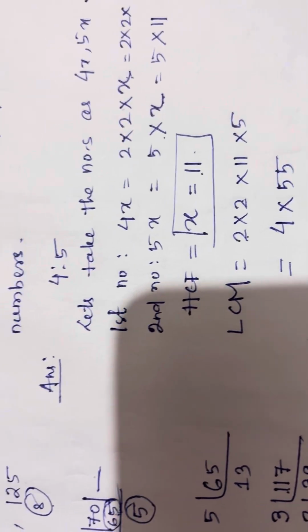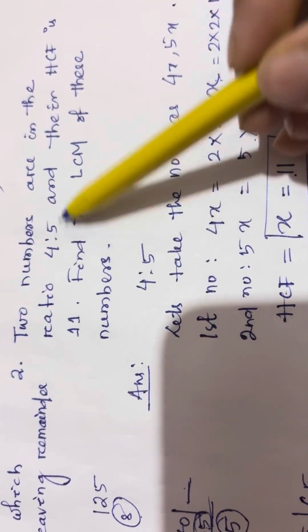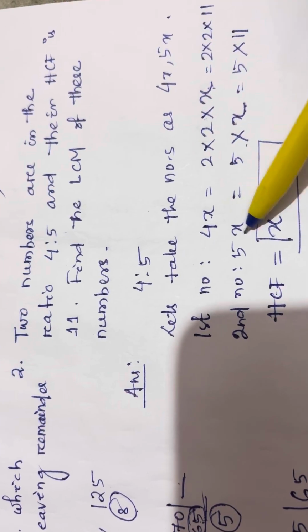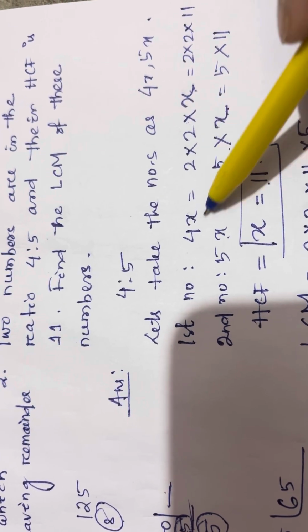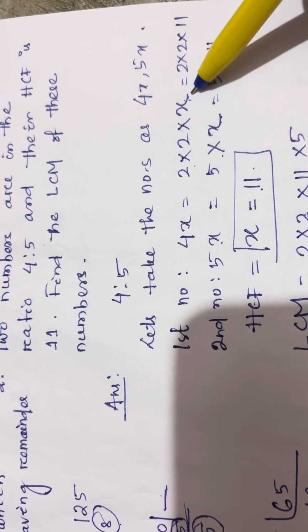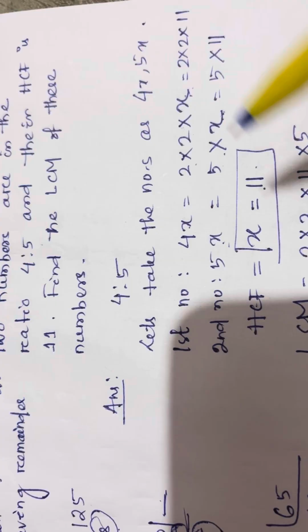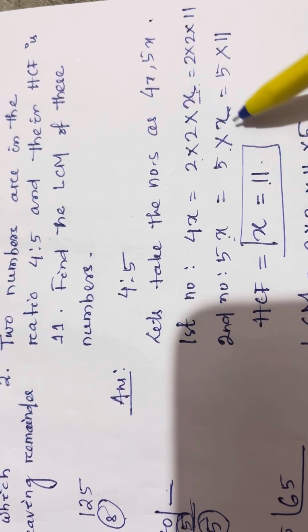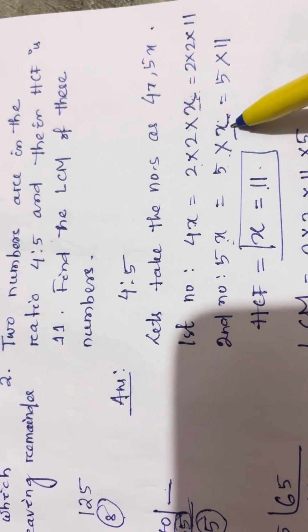So what we have done basically, HCF is given as 11, but the numbers are in the ratio, so that is why we have taken 4x and 5x. Then we have done the prime factorization of these: 4x is equal to 2 into 2 into x, and 5x is equal to 5 into x. From these two we have observed that x is the only factor present in both, so definitely this is going to be the HCF.